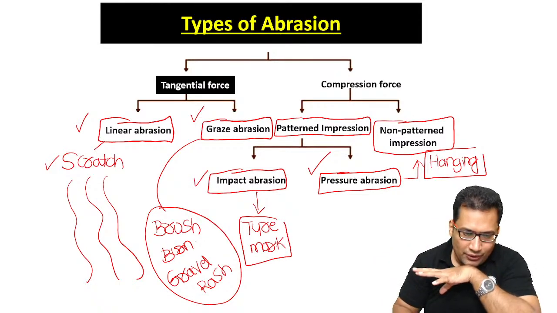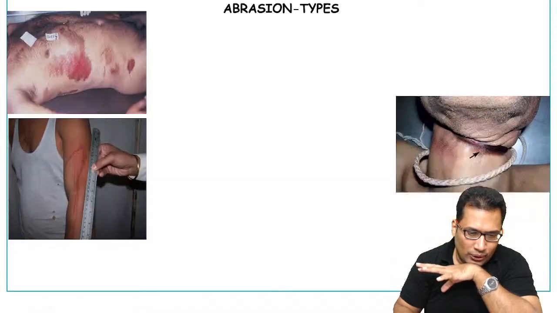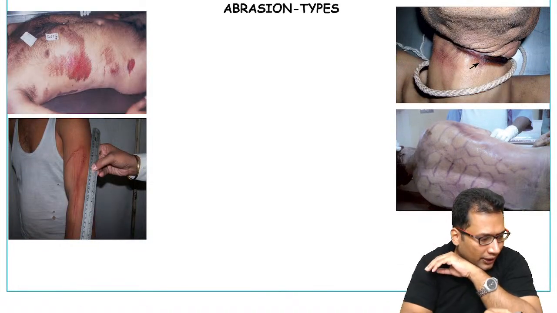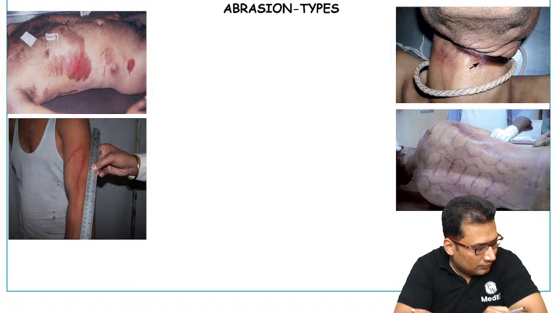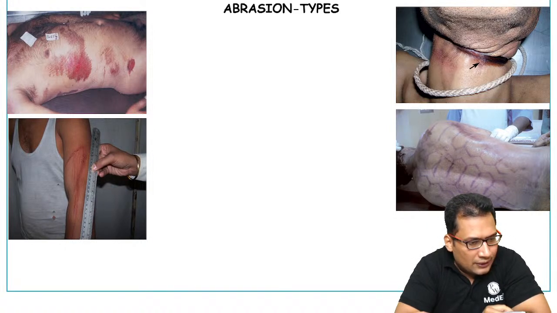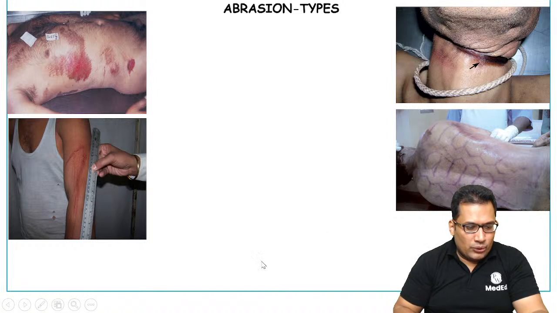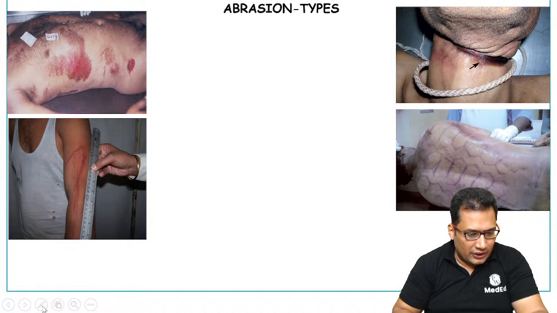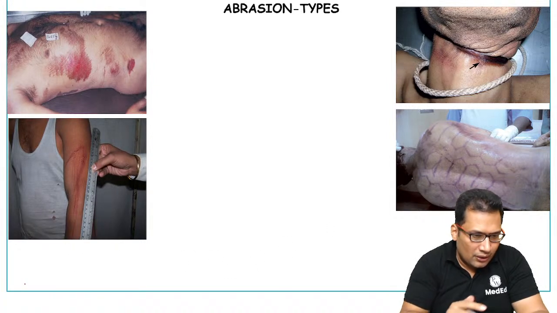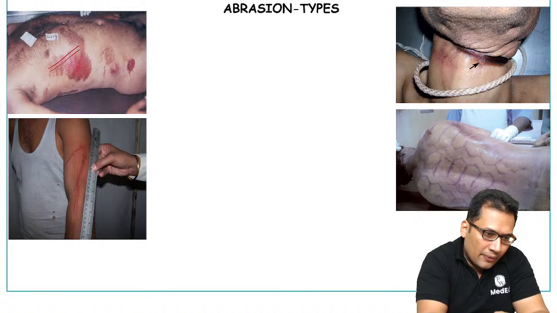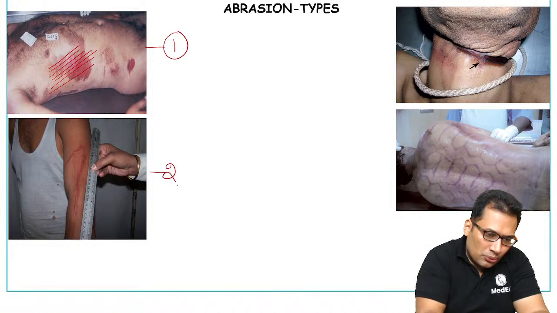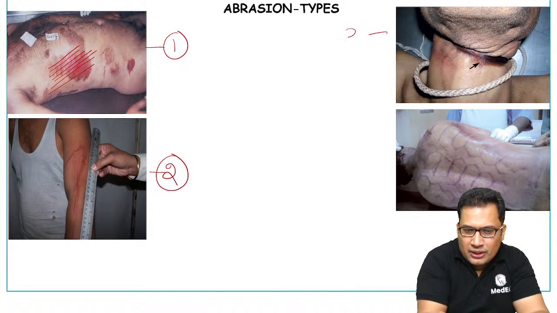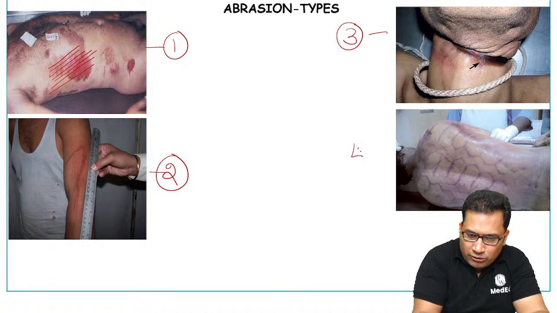So let's see, there are 4 abrasions. Can all of you identify the 4 types given in the images? In image number 1, we can see parallel lines. This is image number 2, image number 3, image number 4.